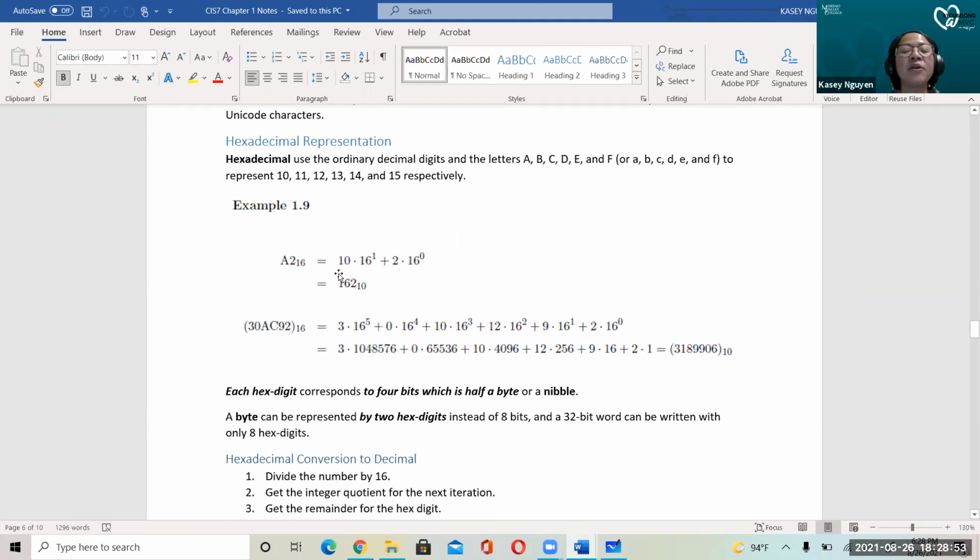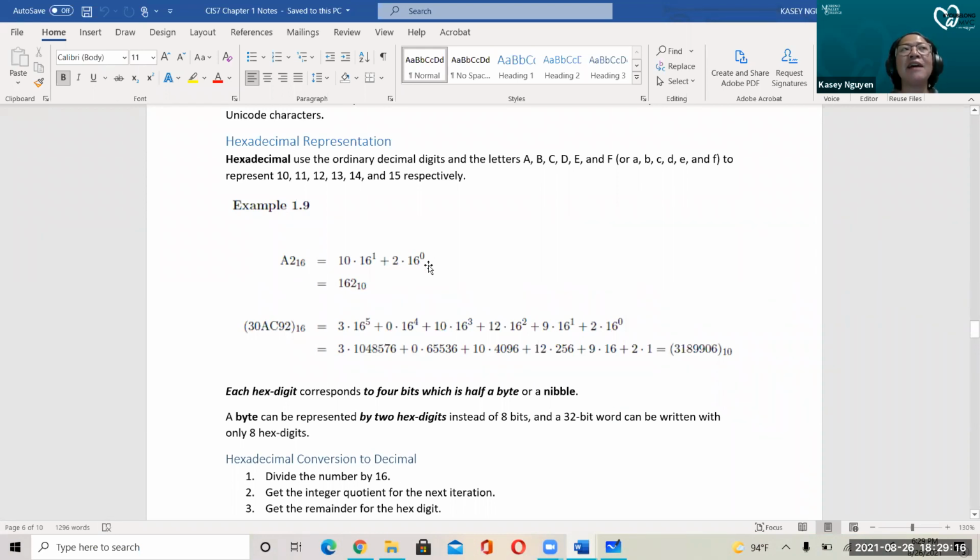This method is shown in multiplication. So the first digit on the right, you would multiply it by 16 to the 0 power, because that's the least significant digit.